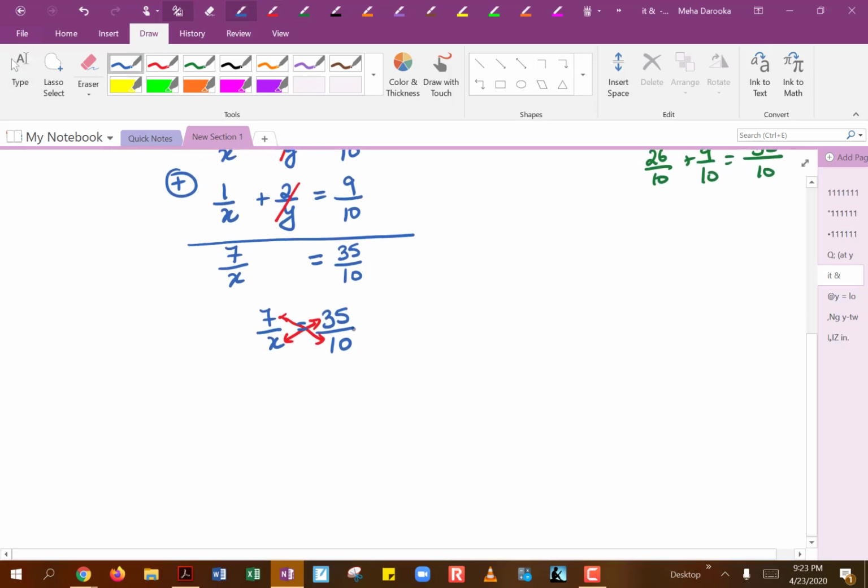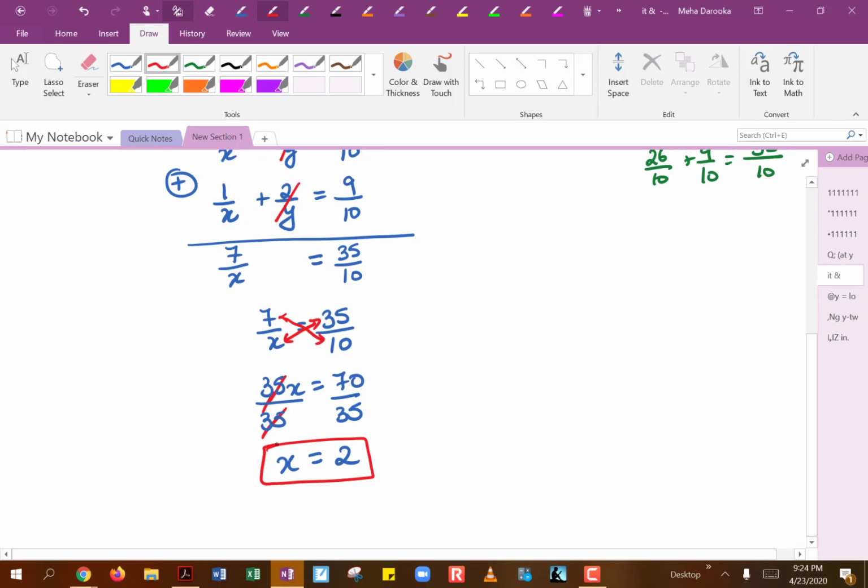So we are multiplying 35 times x, which gives us 35x. 7 times 10 gives us 70. And then to get x by itself, divide both sides by 35. You will end up getting x equals 2, since 35 will go into 70 two times. So there you go. We are able to come up with our x value.